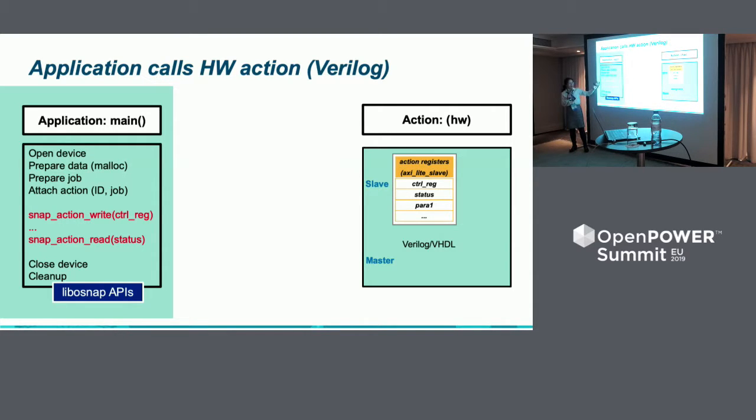Then you can use all kinds of register access methods to write some control registers or read some status registers. Today, the interrupt function is also supported. So you can either keep reading the status register to poll whether the action has been done, or you can wait for an interrupt.